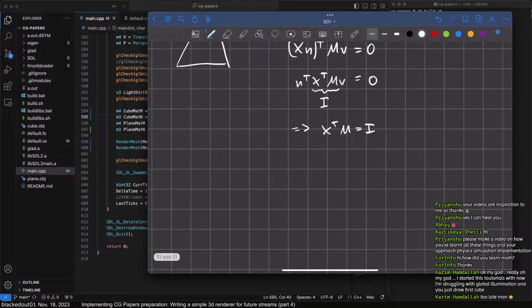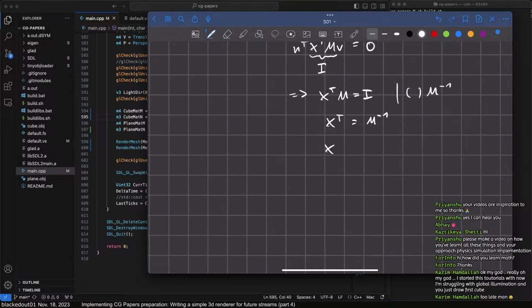And with that, we can solve for X. If we multiply this expression from the right with the inverse of M, we get that the transpose of X is equal to M inverse. So which means that X is M inverse, transposed.